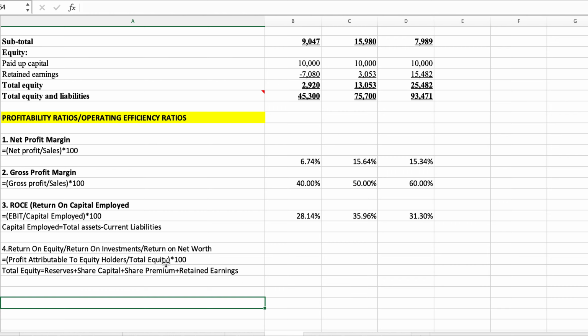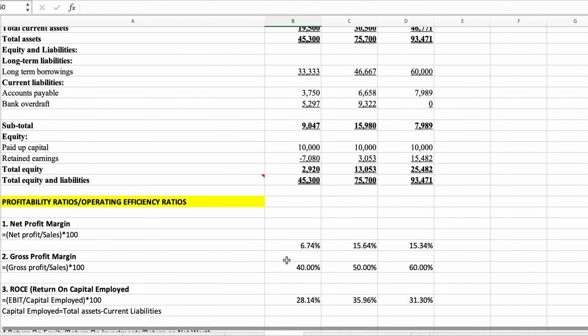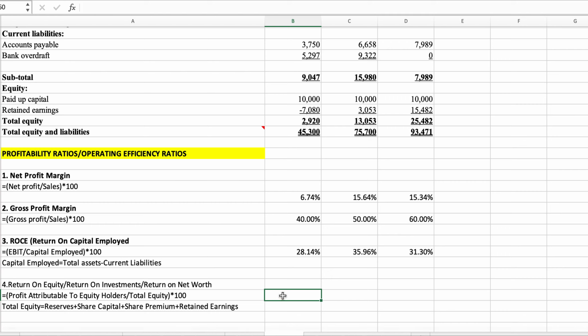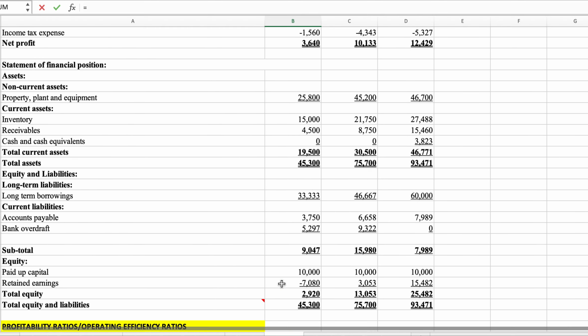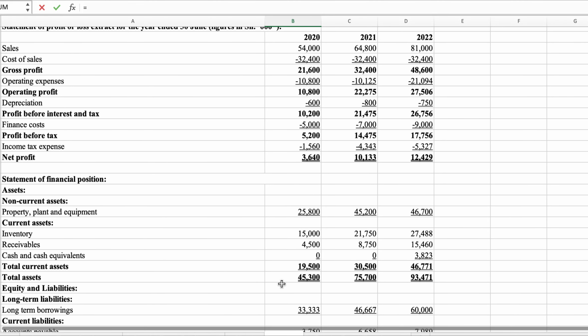So in our case here, if we want to calculate the return on equity, or return on investments, or return on net worth for the year 2020, this will be equal to profit attributable to equity holders, the same as the net profit.